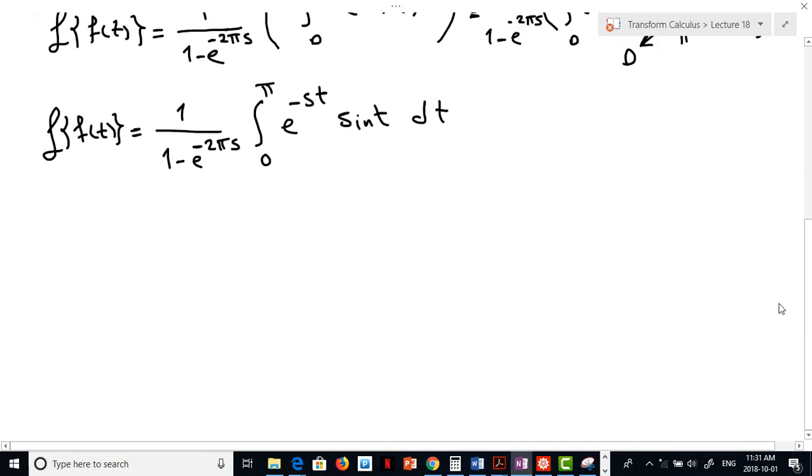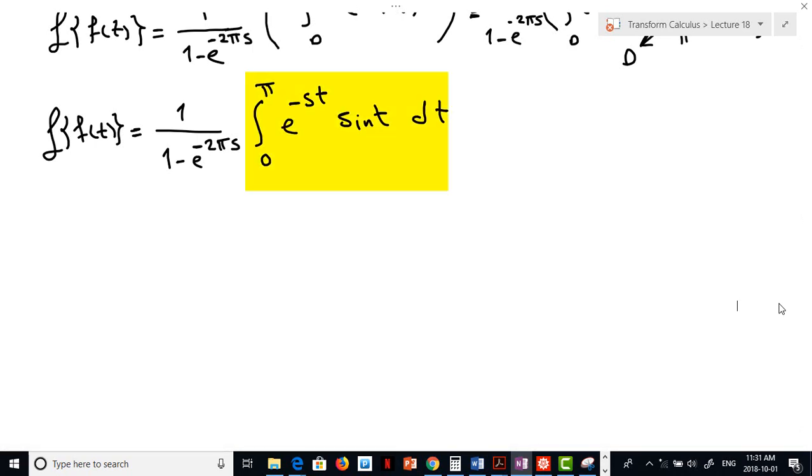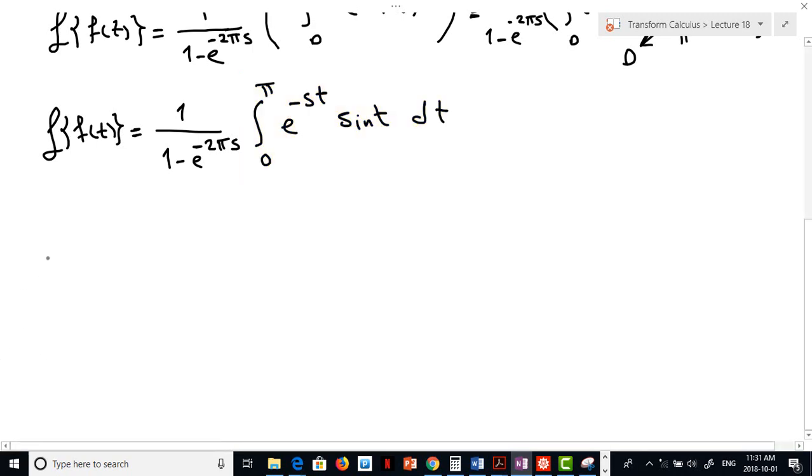In the past we found the integral of e to the power of minus st times sine t dt. In lecture 2 we talked about it. So that's why I'm not using integration by parts here to solve it. You know the solution, I just write the final solution.